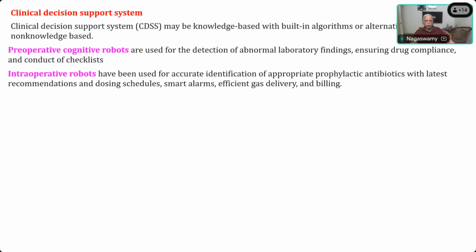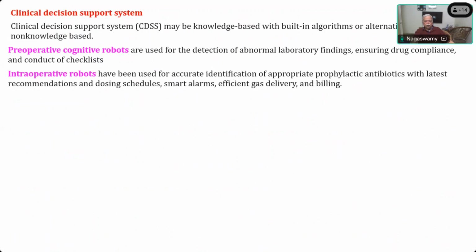Intraoperative robots have been used to accurately identify appropriate prophylactic and recommended treatments, dosing schedules, and give smart alarms, and efficient gas delivery, and also at the end of it, theater expenditure billing. You know, in every hospital, especially a corporate hospital, after treatment they will give a split-up of every item that they have used.